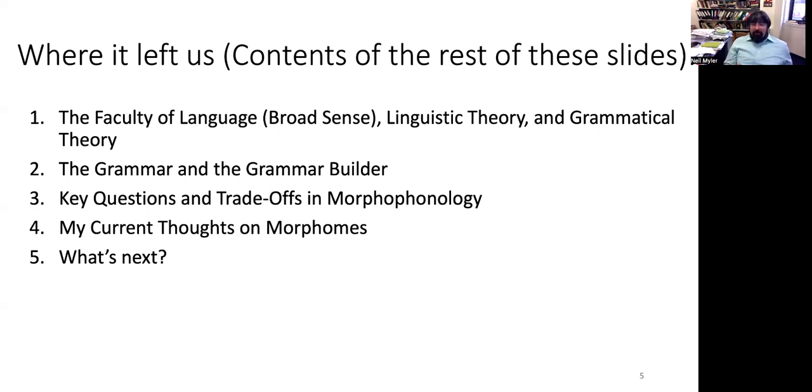One of the major aims of the course was to help me and all the students in it get a sense of what the relevant questions in morphophonology, enduring ones and contemporary ones, are, and to map out the consequences of different choices, which the field as a whole is sort of entertaining. So we read a bunch of stuff by people from all sorts of different points of view on the questions.